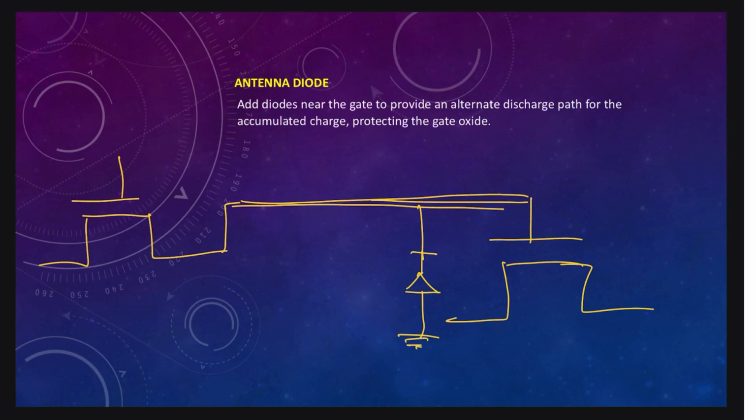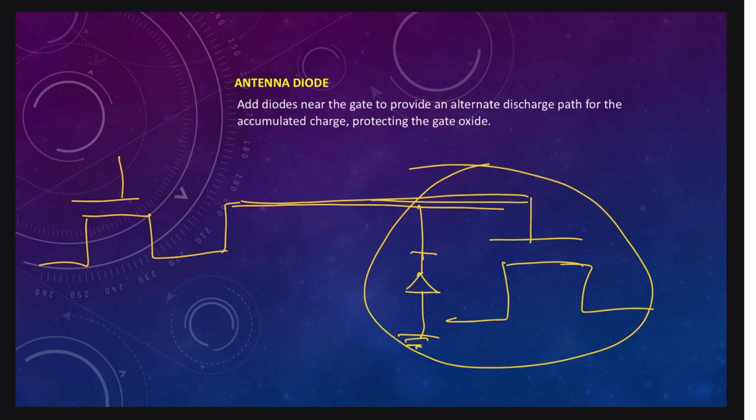We should put that diode near to the device only, where the gate is present. We should not put the diode here. This is the wrong location. We should always put the antenna diode near to the gate where we are getting the antenna effect error.